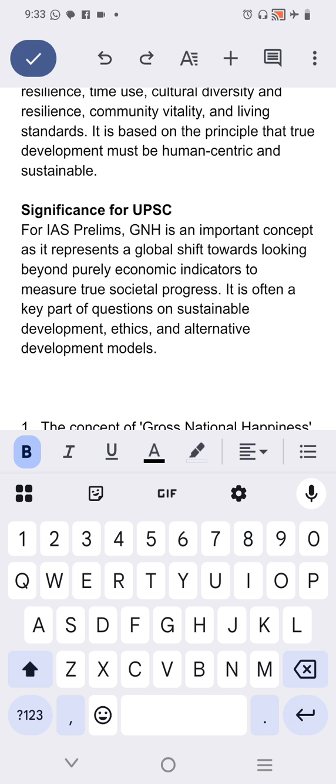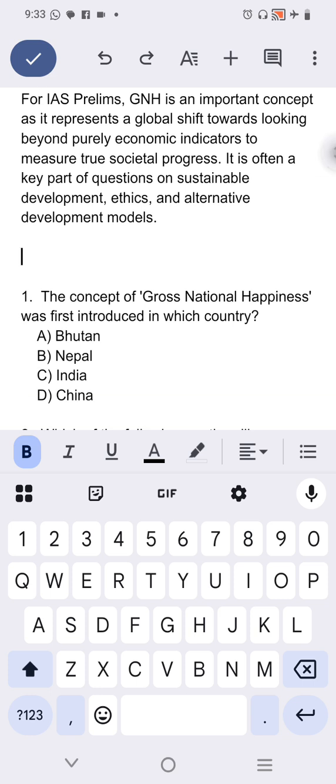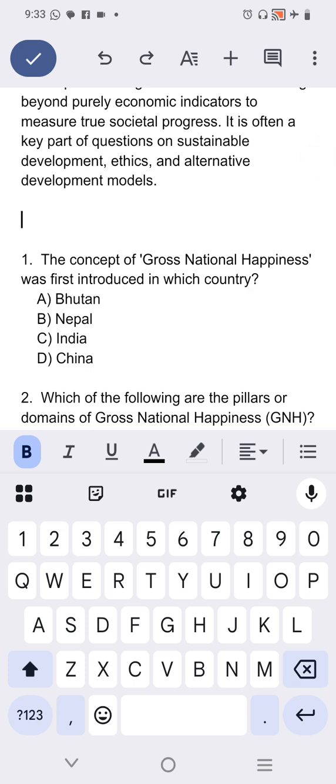GDP, GNP, NNP are all indicators, and GNH measures true societal progress. At the end of the day, happiness depends on how our society is doing. If we are not living in a prosperous society with abundance, we will face the brunt of it. It is often a key part of questions on ethics and alternative development models.